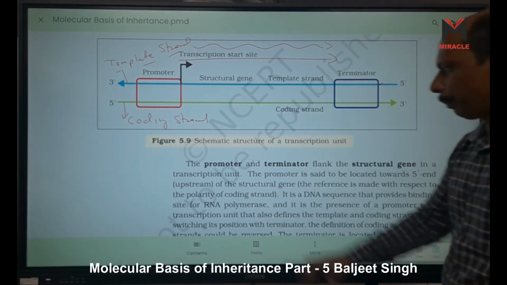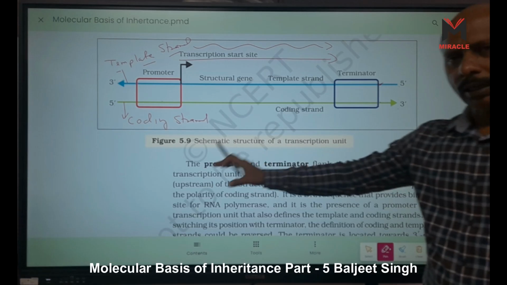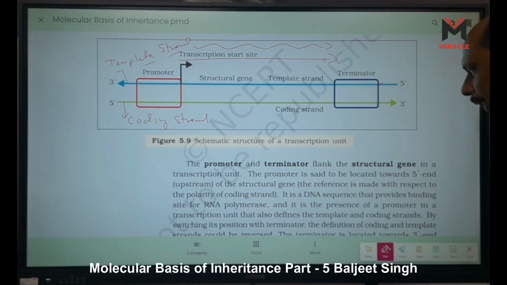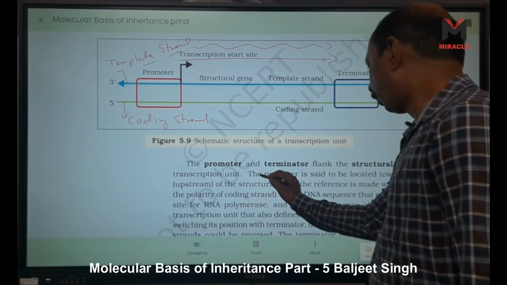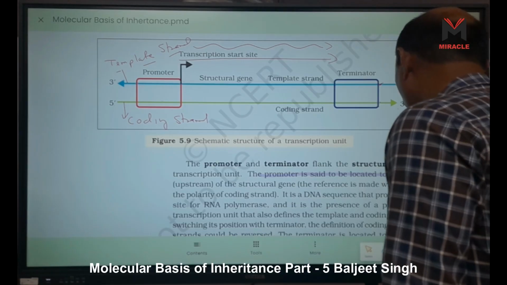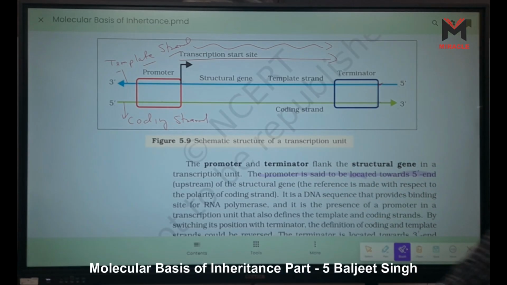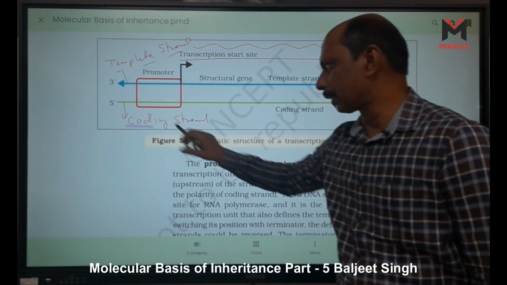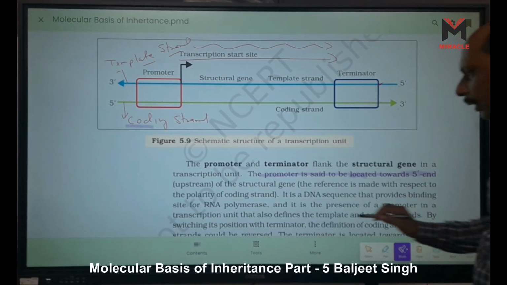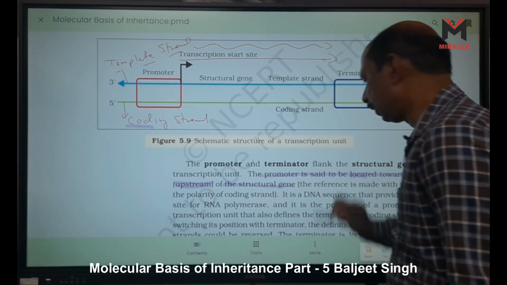The promoter and terminator flank the structural gene in a transcription unit. The promoter is said to be located toward the 5' end. This 5' end, when we consider the coding strand, is called upstream of the structural gene.